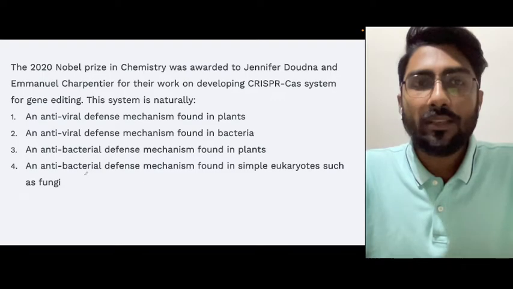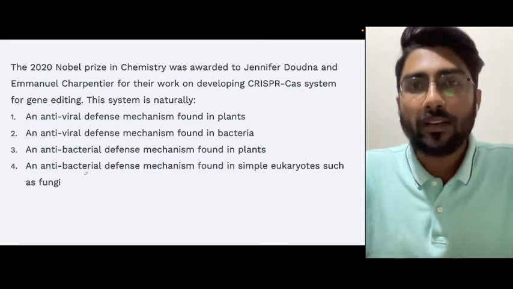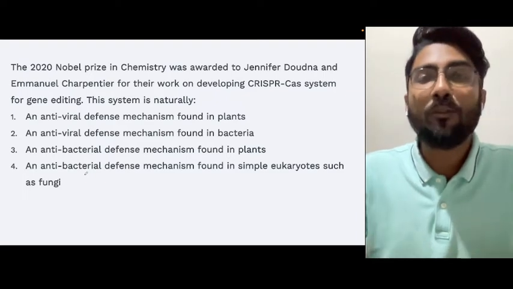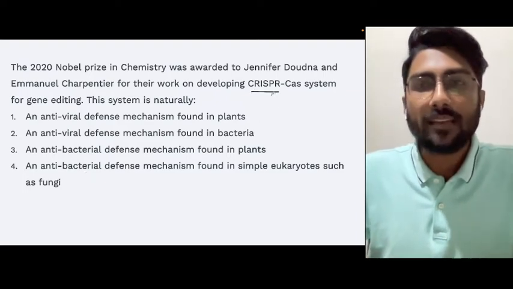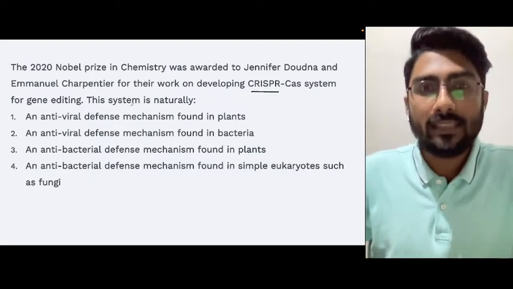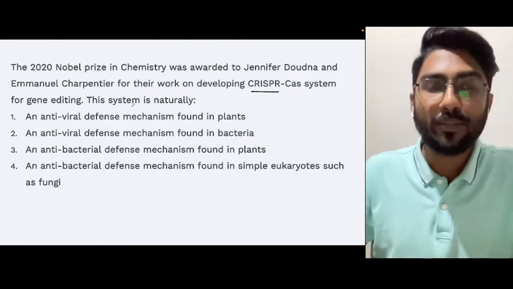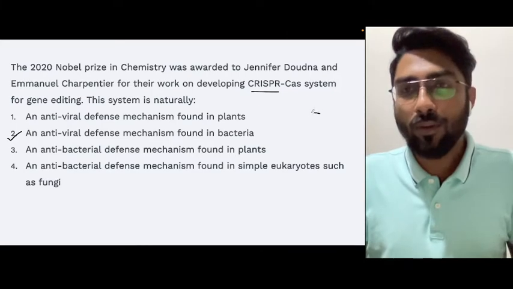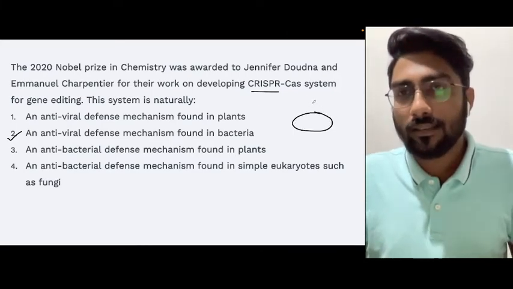The 2020 Nobel Prize in Chemistry was awarded to Jennifer Doudna and Emmanuel Charpentier for their work on developing CRISPR-Cas system for gene editing. This system is naturally... So basically it is an antiviral defense mechanism found in bacteria. You know, the bacteria is infected by the bacteriophages.